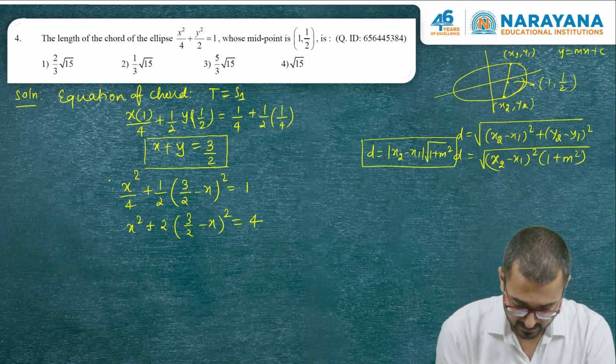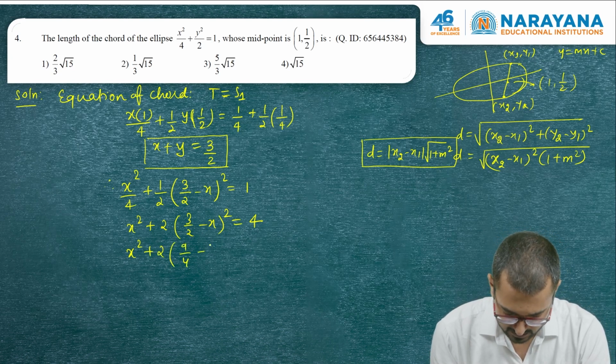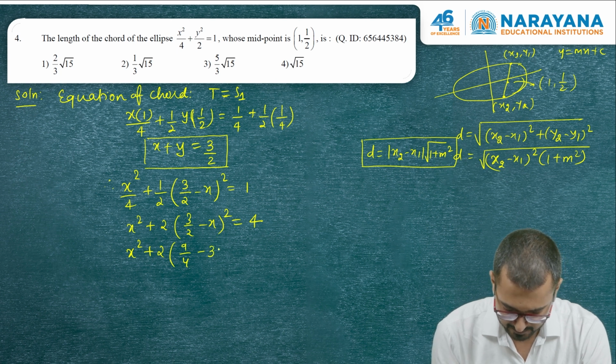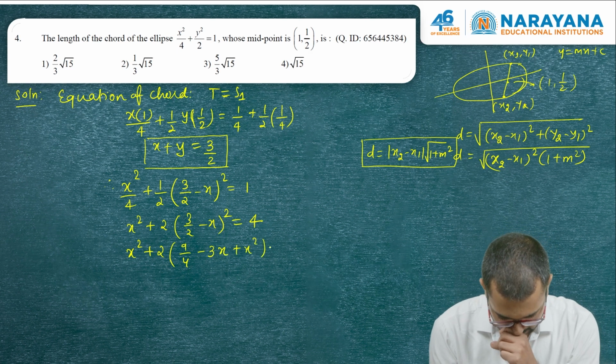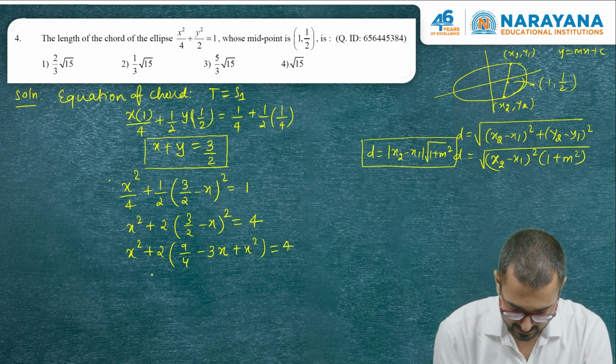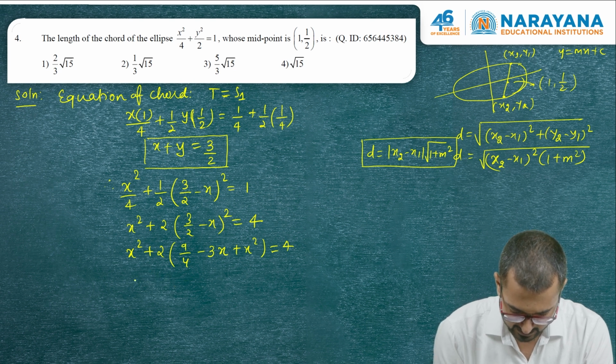Yes, and now open this thing, so will give me x square plus 2 into 9 over 4 minus, no, only 3x, 2 is there, it will get cancelled. 3x plus x square is equal to 4. Now again we'll multiply 4 inside, or you can multiply 4 completely. This is unnecessary calculation.